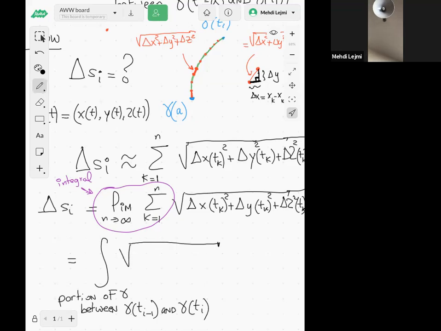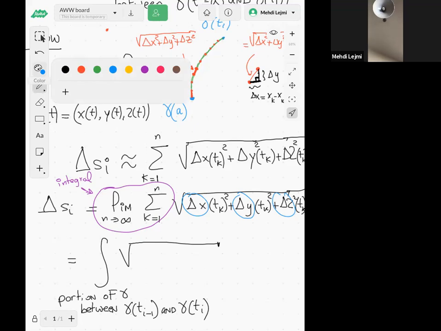Now, this delta x or delta y or delta z, when you take the limit as n goes to infinity, this change in your variable x or y or z, by definition, delta x is going to be dx, delta y is going to be dy, and delta z is going to be dz. That's the exact definition of your differentials.